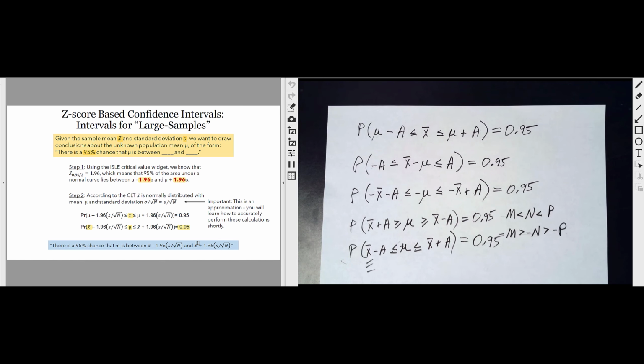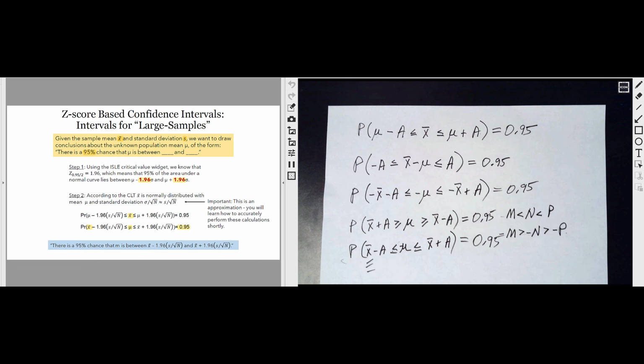You don't need to remember any of that. But I just wanted to show you that it's not just made up. That this statement, mu minus 1.96 times the standard deviation being less than or equal to x bar, being less than or equal to mu plus 1.96 times the standard deviation, if that probability is 0.95, then this probability is also 0.95 just by algebra, even though we've only drawn one sample of size n here.